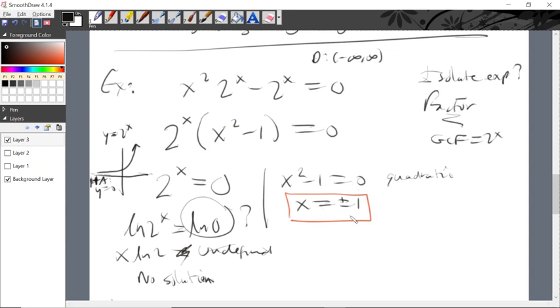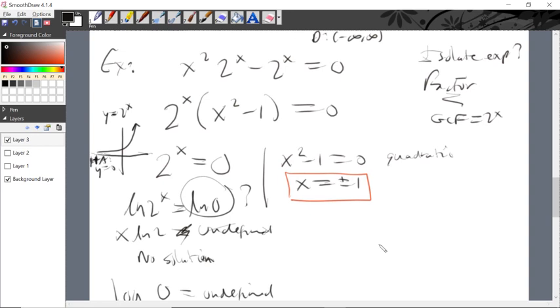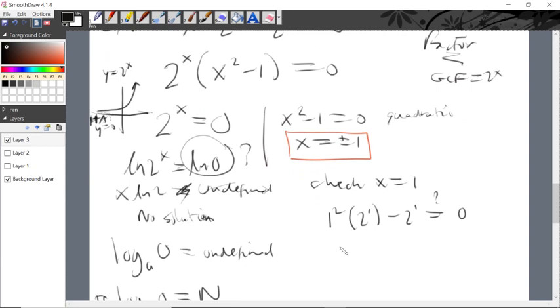So we have two potential solutions here, x equals 1 and x equals negative 1. And we can check those solutions. Let's check x equals 1. In the original equation, that is 1 squared times 2 to the 1 minus 2 to the 1. Does that equal 0? In other words, 1 times 2 minus 2, does that equal 0? Yes, it does.